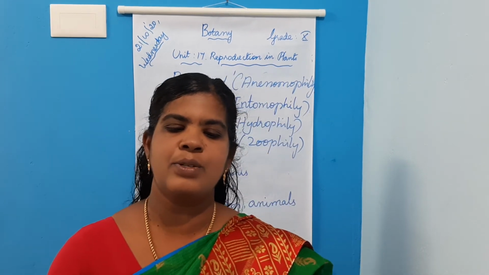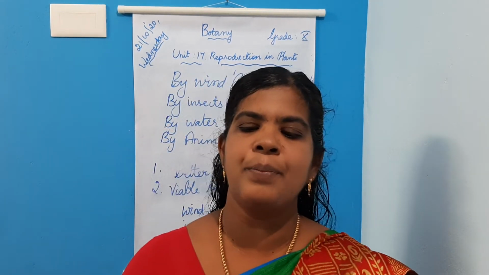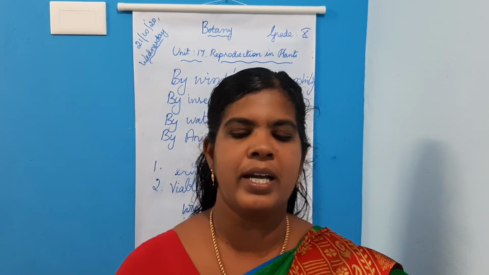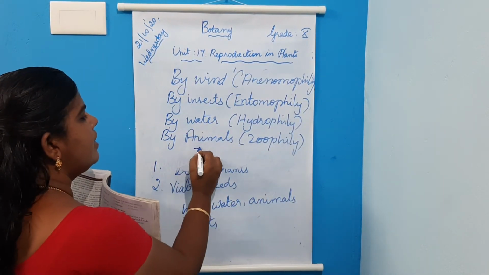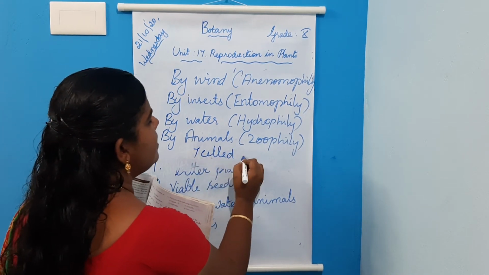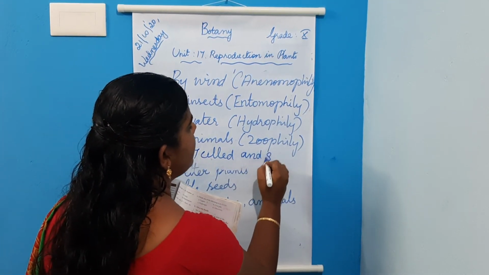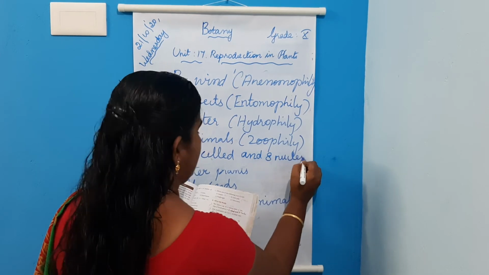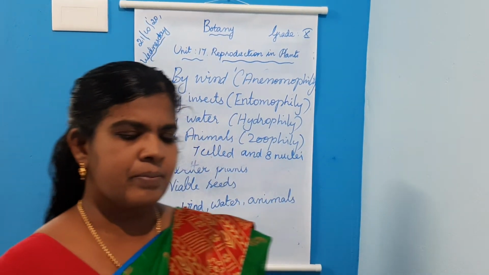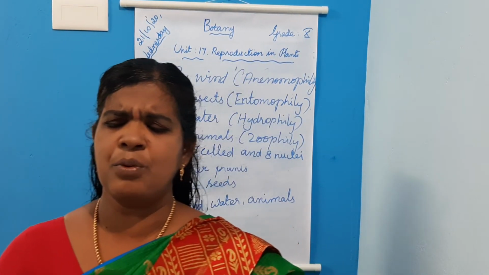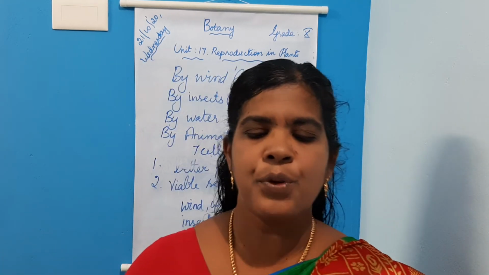Fill in the blanks. First one: the embryo sac in a typical dicot at the time of fertilization is 7-celled and 8 nuclei. Then after fertilization, the ovary develops into fruit.